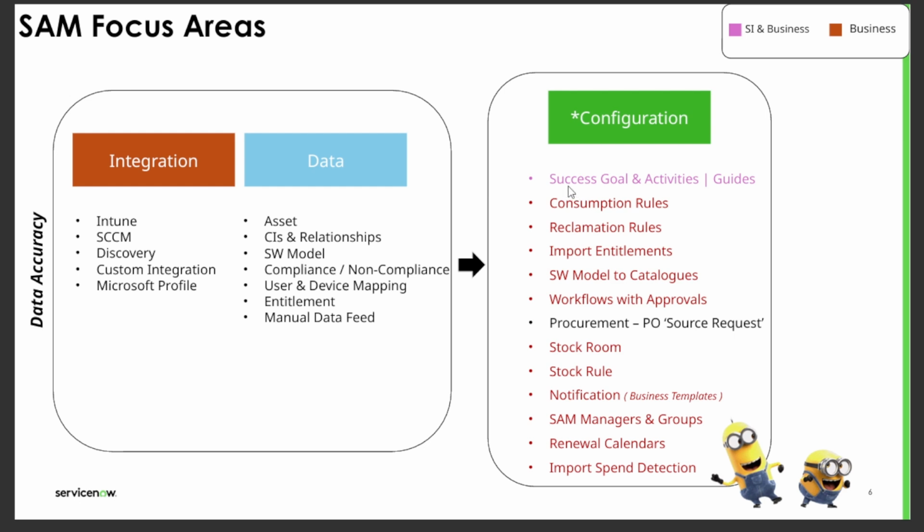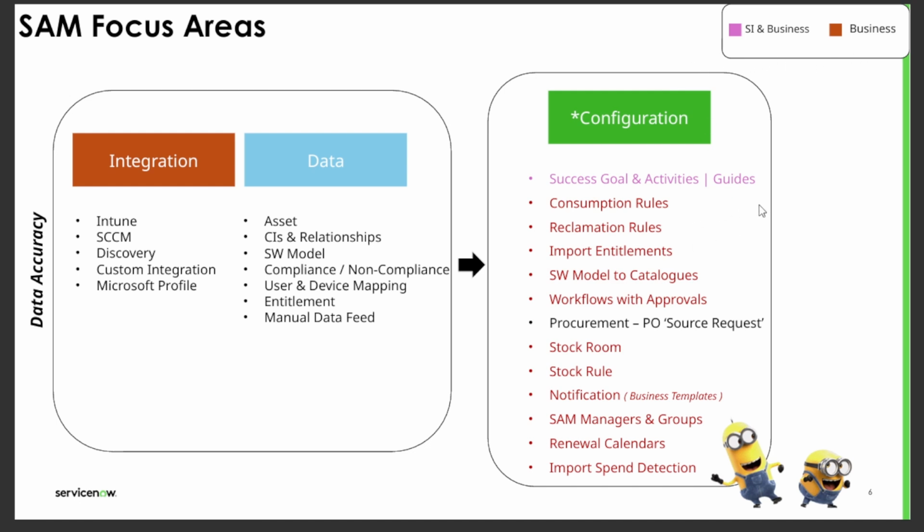If you are a service provider, you should consult with the business on what goal we are going to achieve and what activities we are going to perform. This is a combined discussion between the service provider and the business. For all the remaining items, the service provider will enable the solution, but before enabling it, we need business support. That representation is highlighted in these two colors.